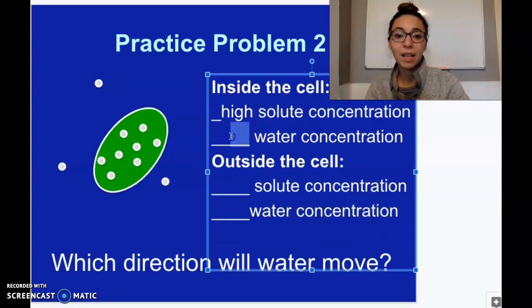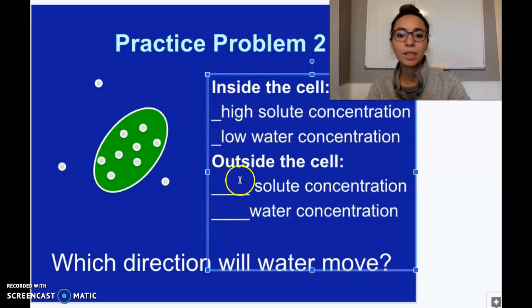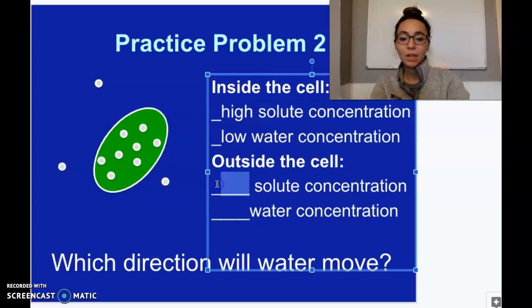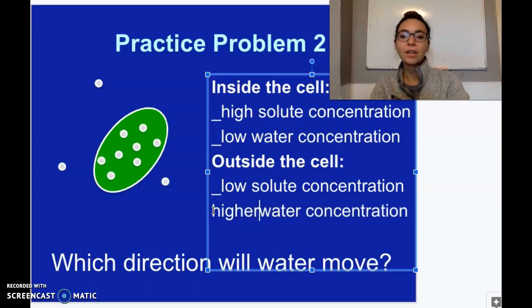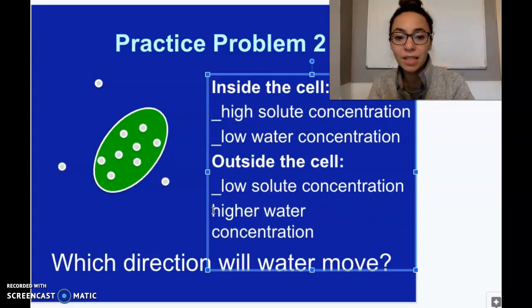Outside the cell has a lower concentration of solutes and a higher concentration of water compared to inside the cell. So water moves towards the solutes. So solutes suck, so this cell is going to swell up.